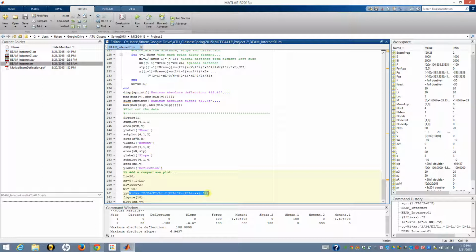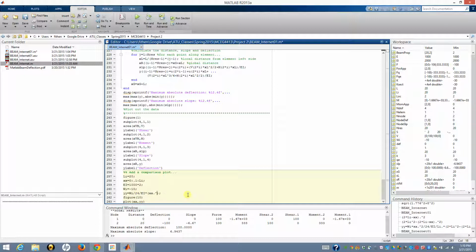So here's what I'll do. Go ahead and change this out. Let's see. 24 EI. That's a scalar times x to the fourth. So here's what we're going to do.